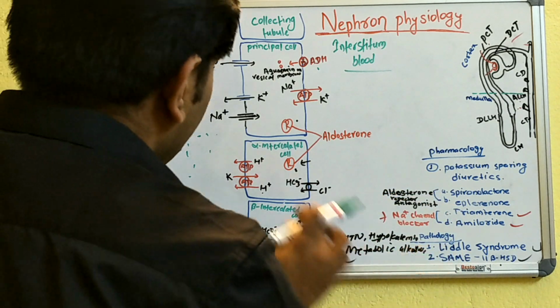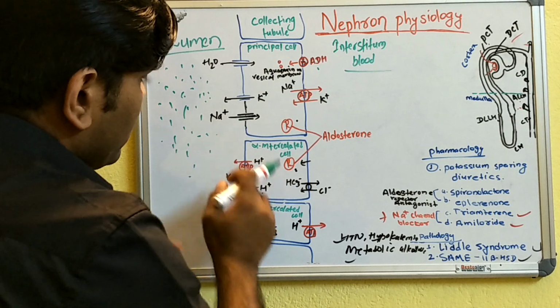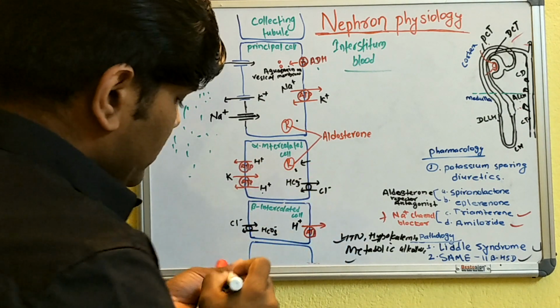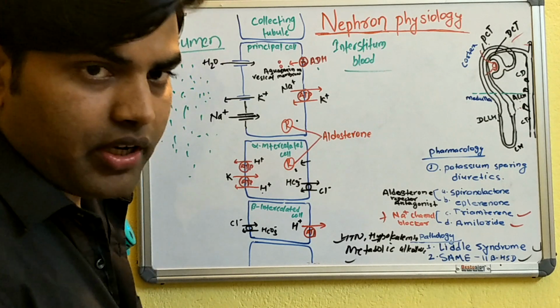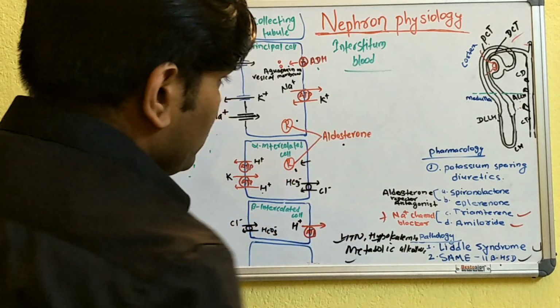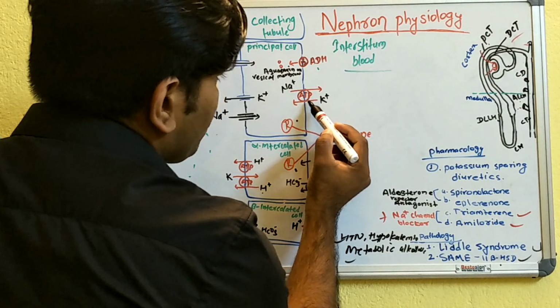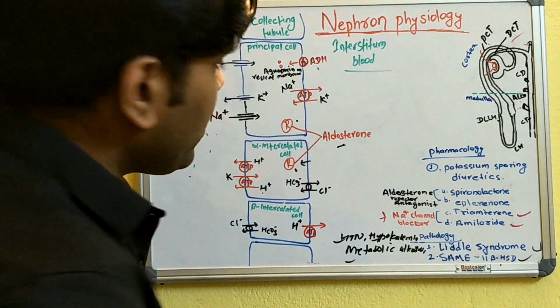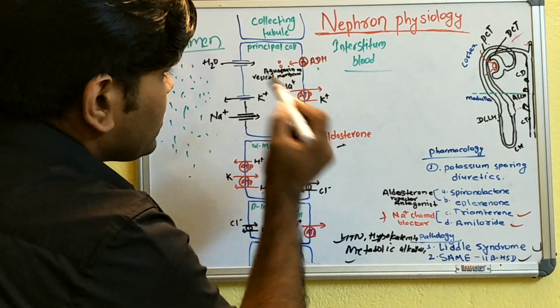Since sodium gets absorbed, let me explain one more thing, which is aldosterone. This aldosterone is very important. In the presence of aldosterone, it increases the activity of the sodium potassium ATPase pump, so more sodium is thrown out and more potassium comes in.